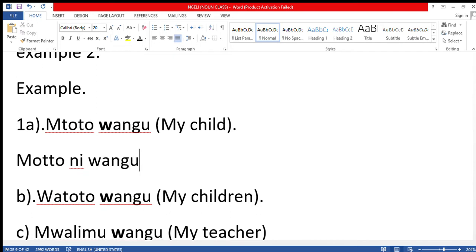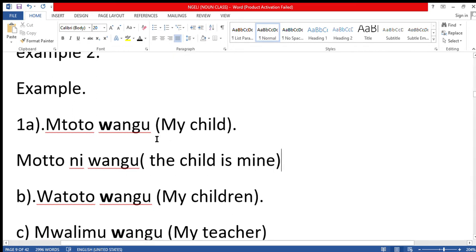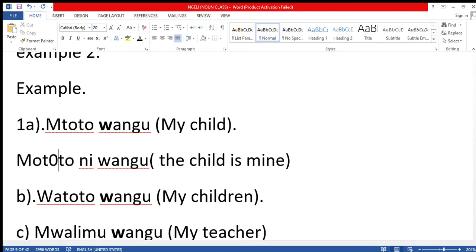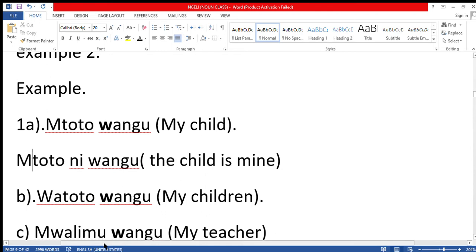This one means the child is mine. Note, it's supposed to be mtoto. So mtoto wangu, my child. Mtoto ni wangu, the child is mine. Sawa.